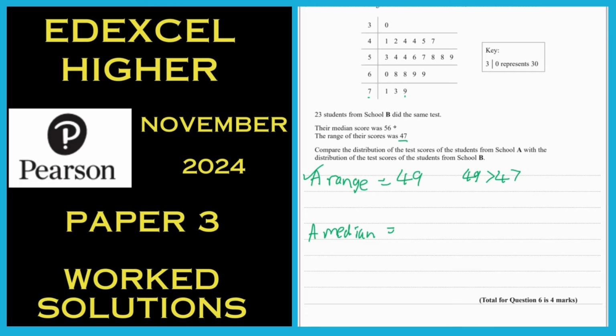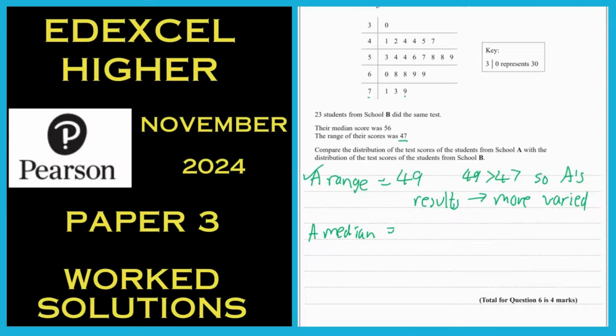School B, their range was 47. What does a bigger range or interquartile range mean? It means it was more spread. So we've got 49 for A, so A's results were more spread or more varied.